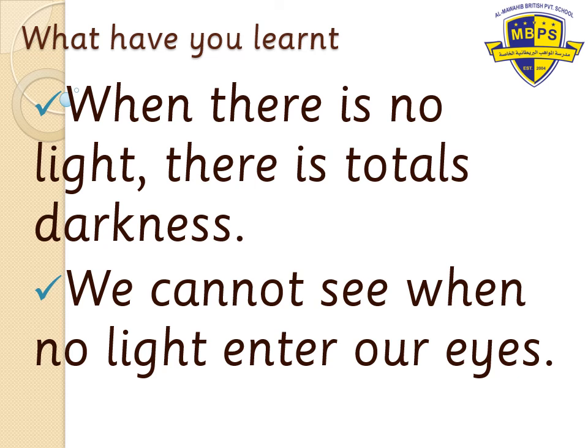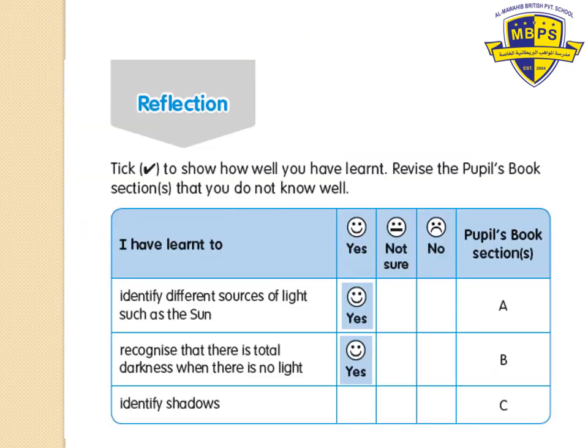You can't see anything if you close your eyes? No, we cannot see anything. So we cannot see when no light enters our eyes. If you know about the dark and the light and about how the light enters our eyes, you can also draw a happy face.